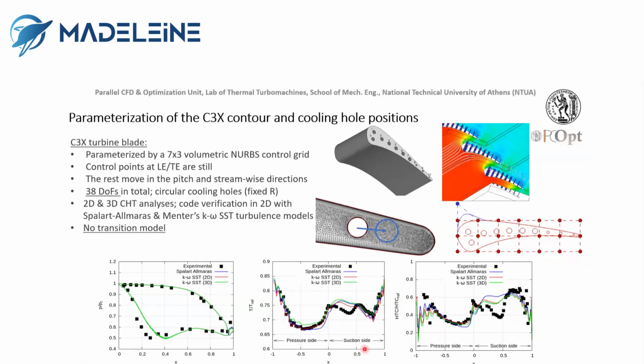For this case, before proceeding with the optimization, a series of CHT analyses, 3D and 2D, using the Spalart-Allmaras and the k-omega SST turbulence models were carried out. At the bottom, you may see comparisons of the pressure, temperature, and heat transfer coefficient with respect to their reference values, where we are comparing our computations with the experimental results.